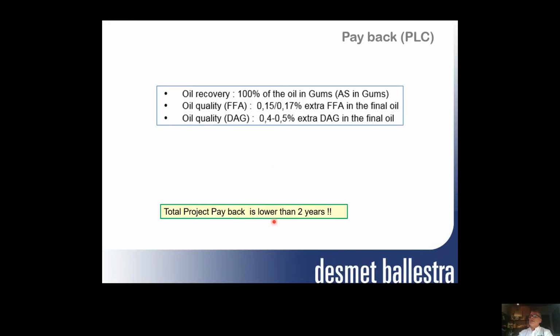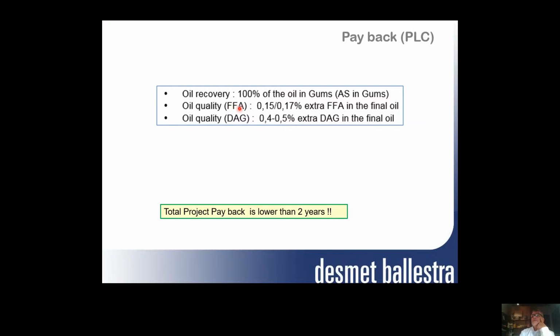So the payback is lower than 2 years, with an oil recovery of only 100% of the oil, like warranties. It could be even higher, but expected is 110, 120% of the oil in gums.